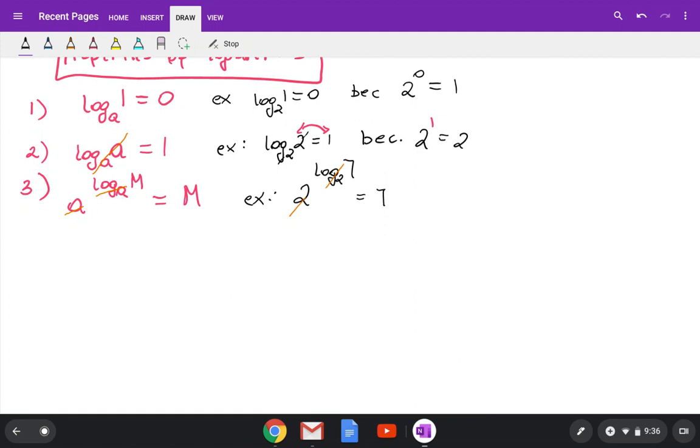Next, property number 4. So I know it's new for you, that's why I really want you to have all of them on an index card. So now we're going to do log of base A, and the input is A raised to the power of r.